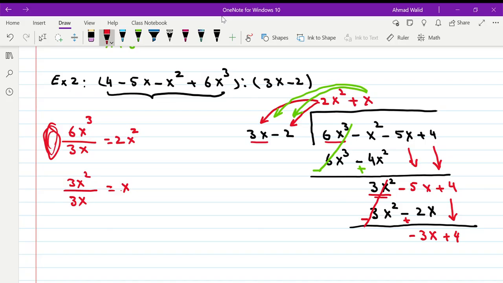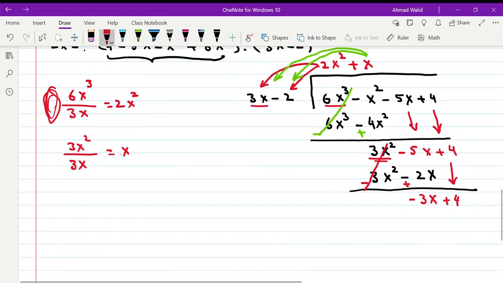Should I continue or should I stop here? How should I know if I should continue with my long division or stop? Remember again, as long as the divisor exponent and the remainder exponent are the same or equal, you can go one more time.